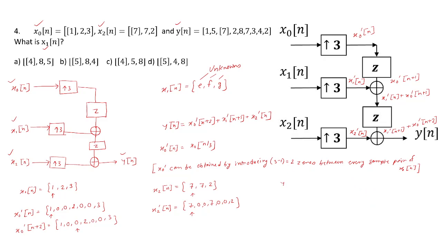And the sequence y of n is given as 1 5 7 2 8 7 3 4 2.